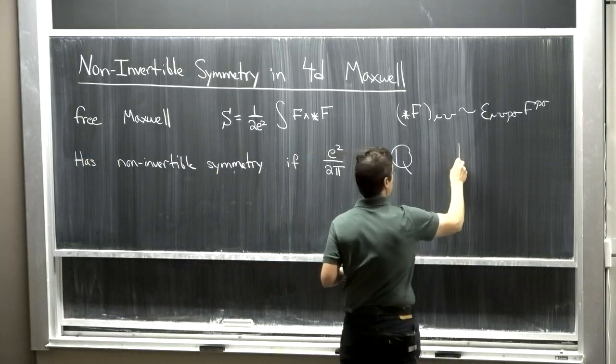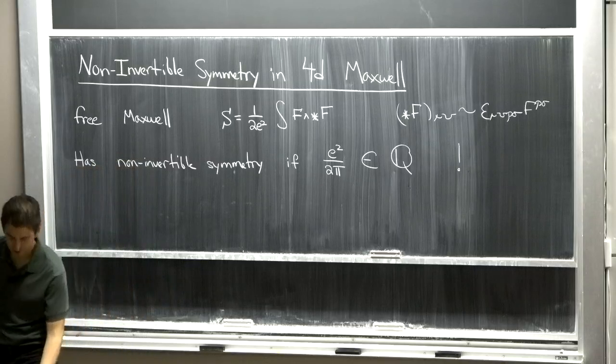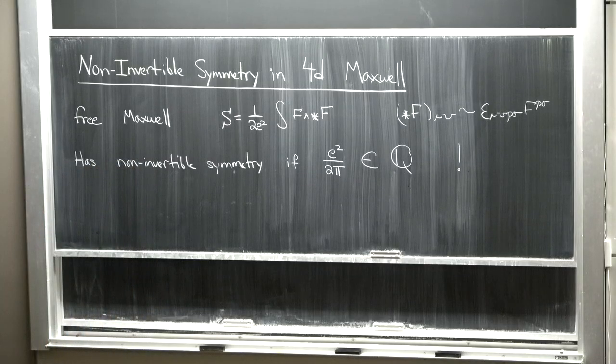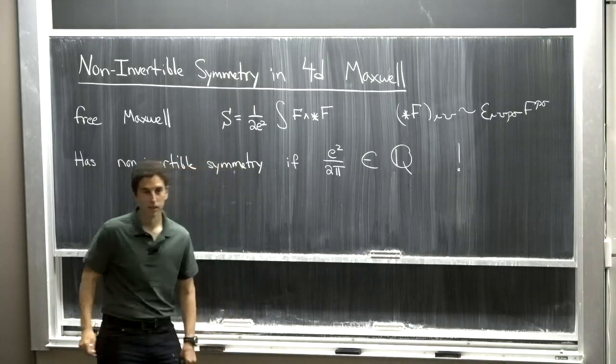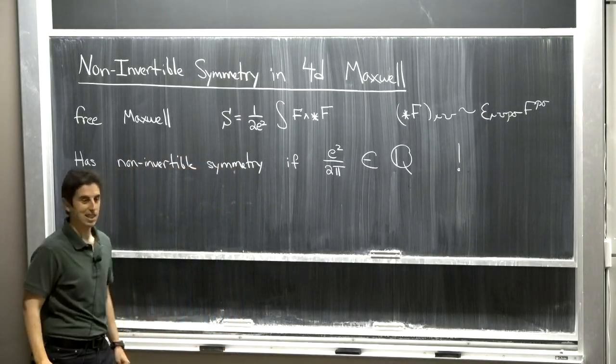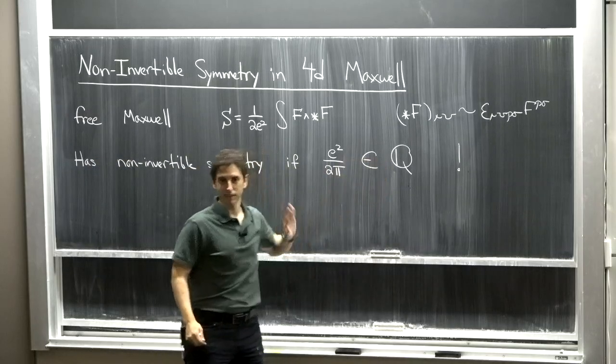So that should be a pretty weird statement, right? First of all, I'm telling you that a theory that is 100 years old has maybe some new symmetry that we didn't really know about until a few years ago. And second of all, it depends on this very strange condition on the coupling. Okay?